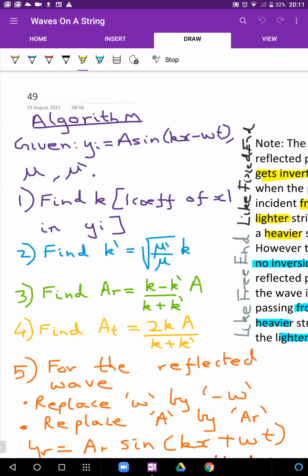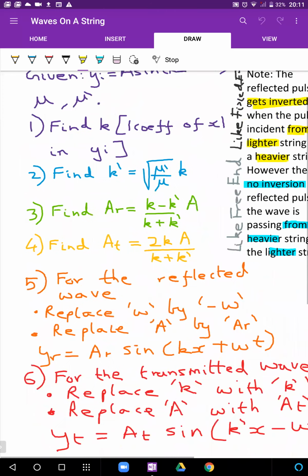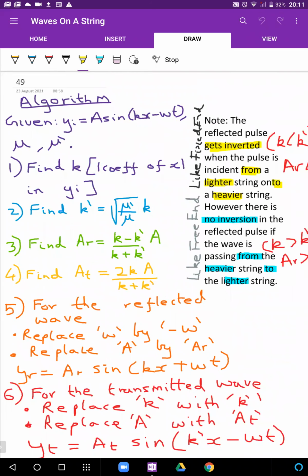Step 5, for the reflected wave, you have to make two changes. First is, of course, as I have stressed, this is the most important thing, replace omega by minus omega. That will take care of the change in direction. Reflected wave उल्टा जाता है. Just replace omega by minus omega. It doesn't matter if omega is already negative or omega is positive.